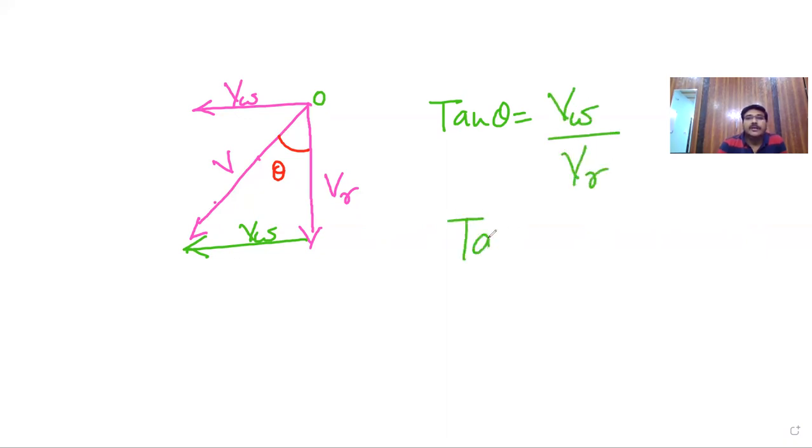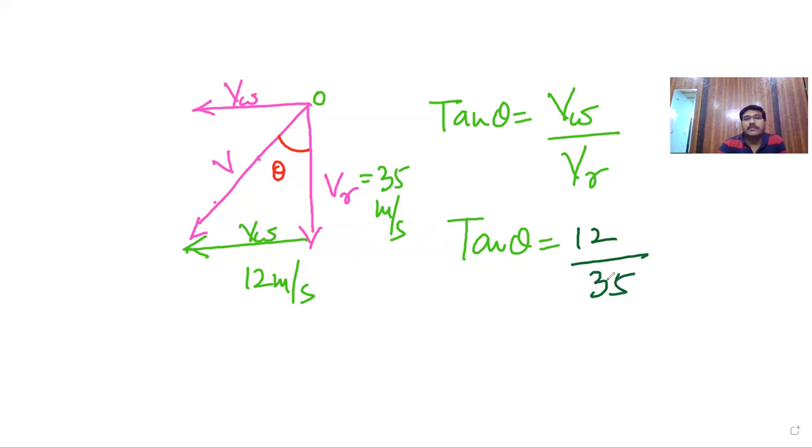So tan theta is 12 by 35, and theta is tan inverse of 12 by 35.